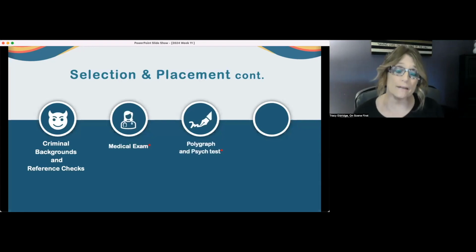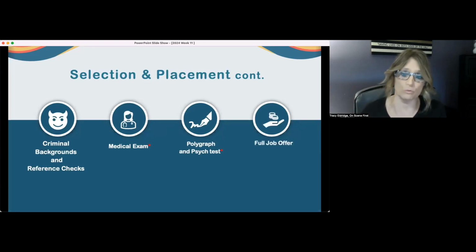But these 2, any type of medical exam or polygraph or psychological testing, you see the little red asterisk there, that means they cannot be done before a conditional offer is made. So in other words, we are hoping to hire you, but pending your medical exam, polygraph, and psych test is what's going to allow us to finally give that full job offer.